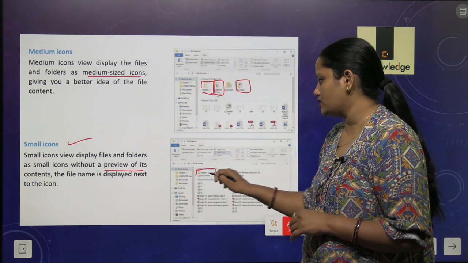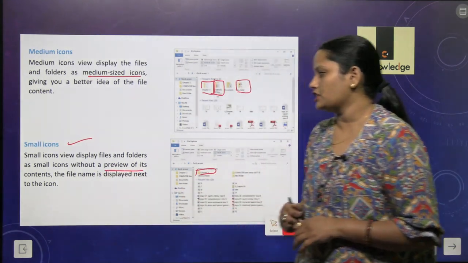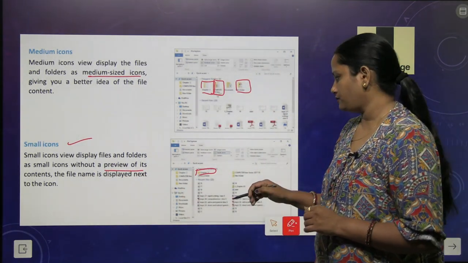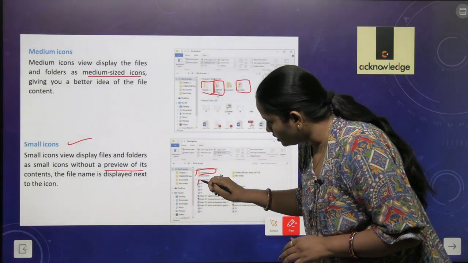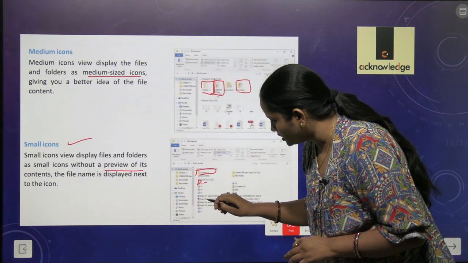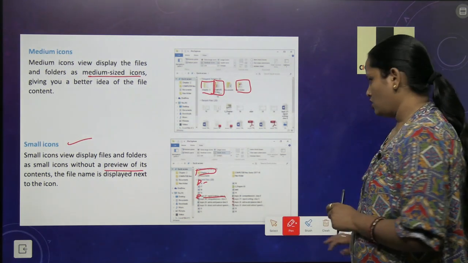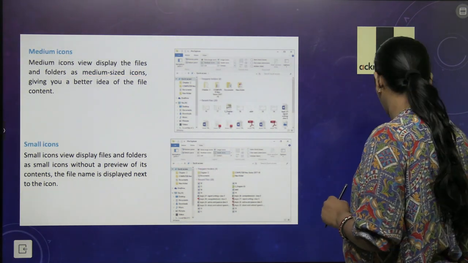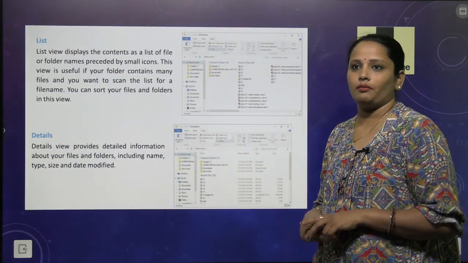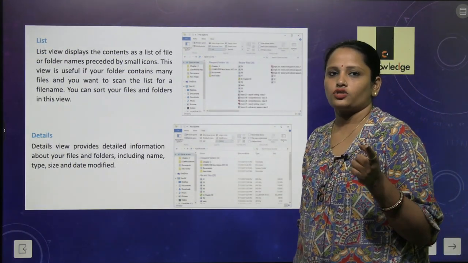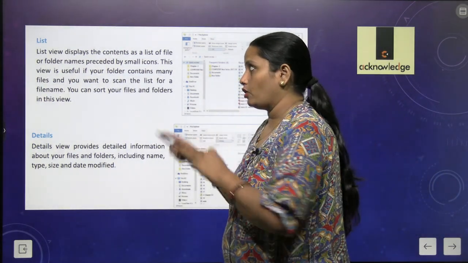The file name is displayed next to the icon. So this is the small icon and this is the file name. We can only see the file name in the small icon view. So we have already learned about three icon views: extra large, medium and small icons. Now we are going to learn about list view.